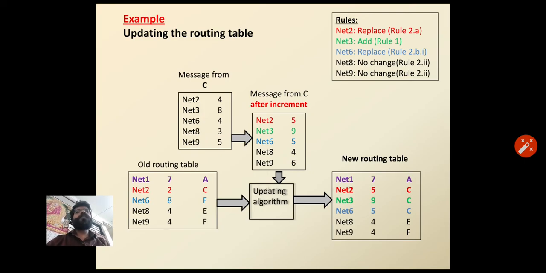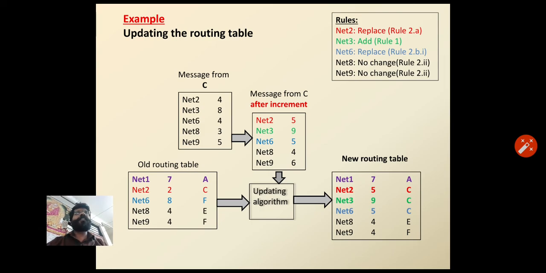Net 2 2C is also from node C. How do we update? That is a replace according to rule 2a. What is the new value? Net 2 5. Again net 3. Net 3 is not present in the old routing table, so we can directly add net 3 as it is.